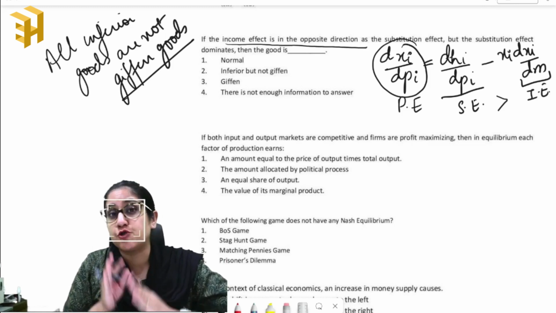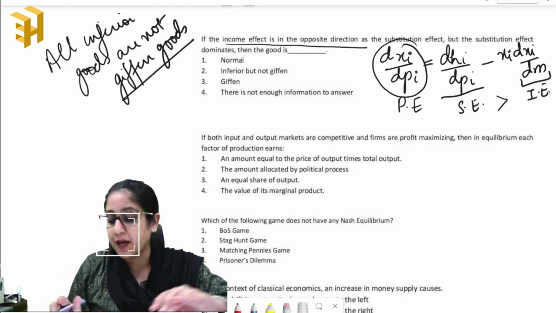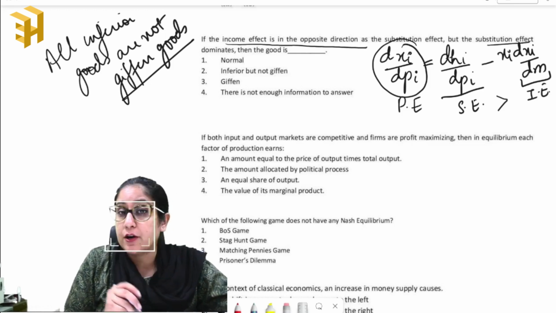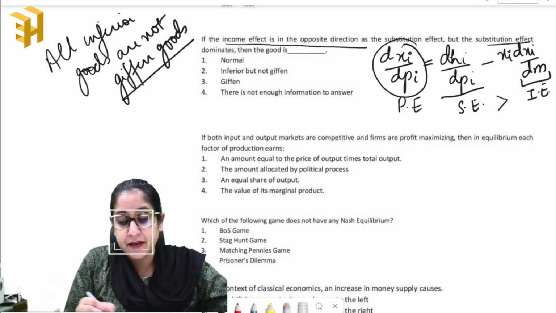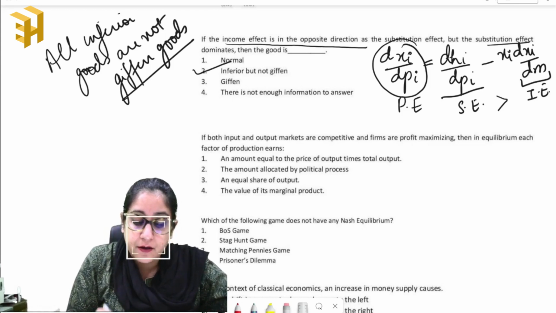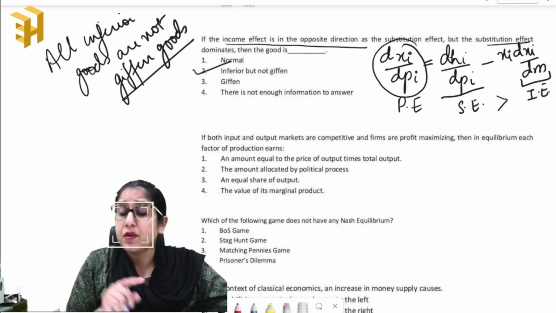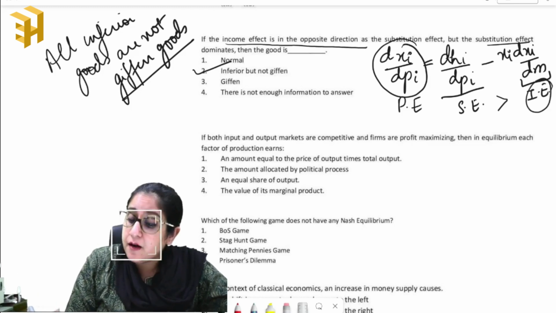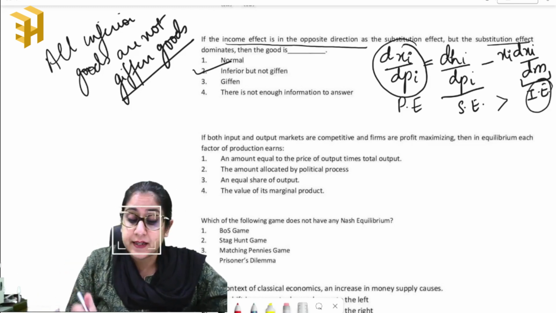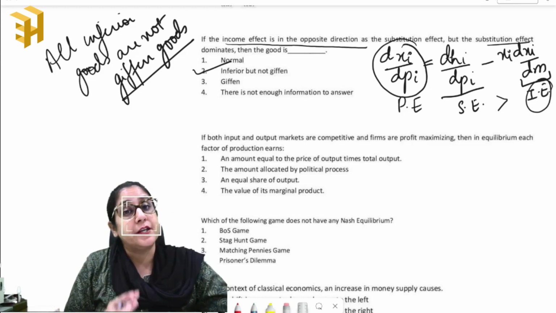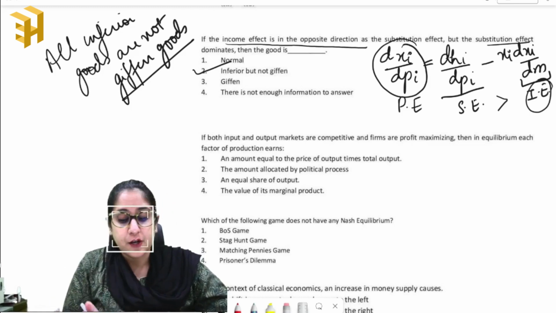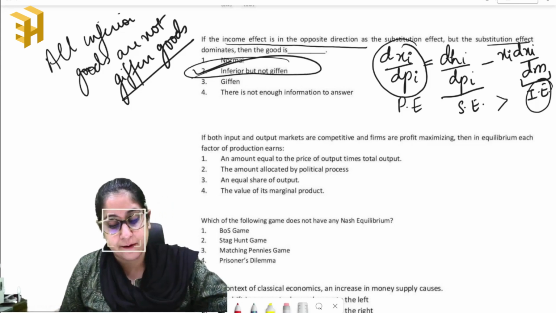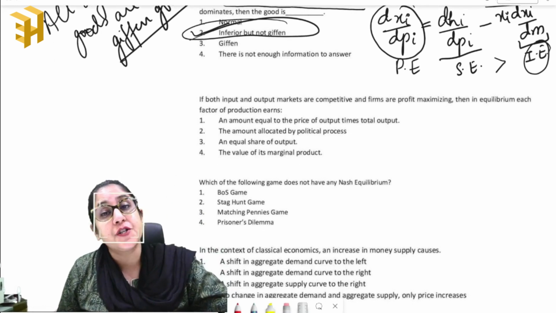So don't forget to go through it thoroughly. If the substitution effect dominates, then the good is inferior but not Giffen. However, if the income effect dominated, then it would be a Giffen good. So the correct answer in this case is option 2, that is inferior but not Giffen.